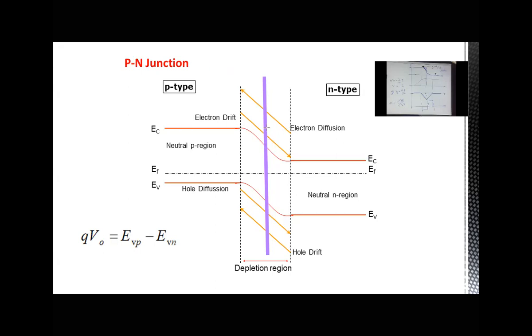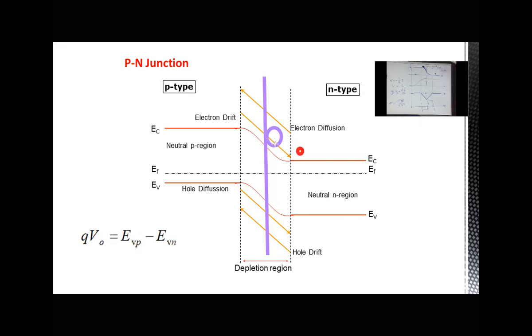So now assume that this is your atom, staying in this location, and this atom has a small electron inside. Now, this electron will not stay there because there is some sort of drift. So this electron will move in this direction and will go, for example, here.